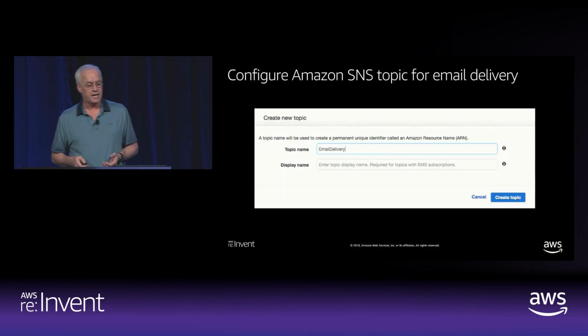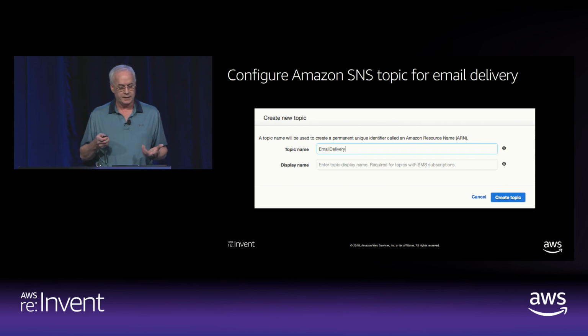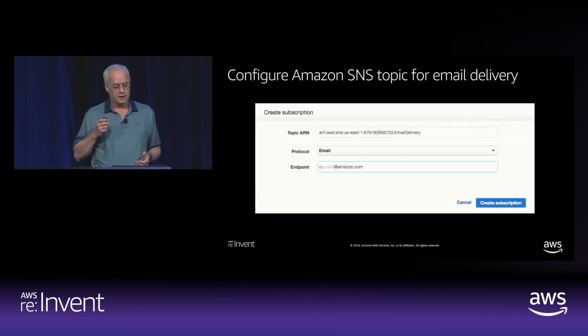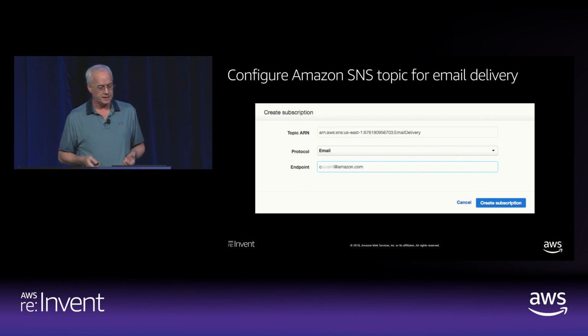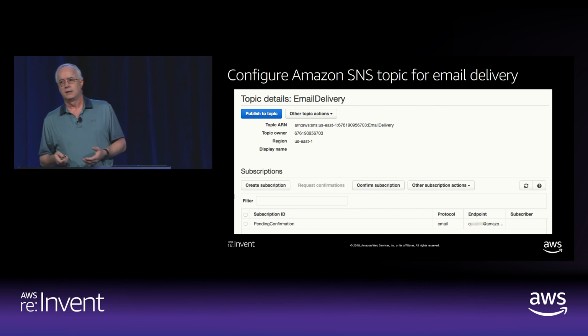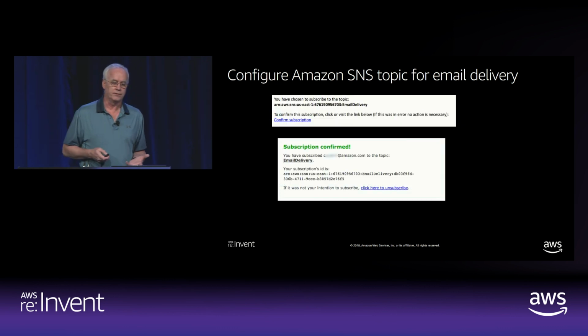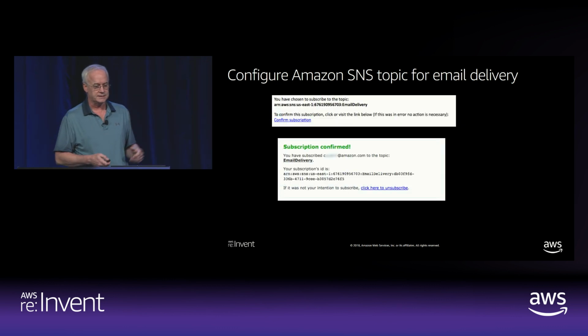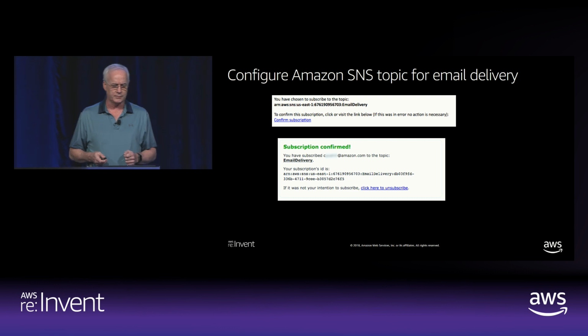In setting up the topic, you just create a topic for email delivery, and you create an ARN, and you set the endpoint of where it's going to deliver the email, and this is my email address. And so I go and set that up, and notice when you first set it up, it's pending confirmation. So you have to go through the standard email confirmation that says, hey, yes, I want to subscribe to this to enable it.